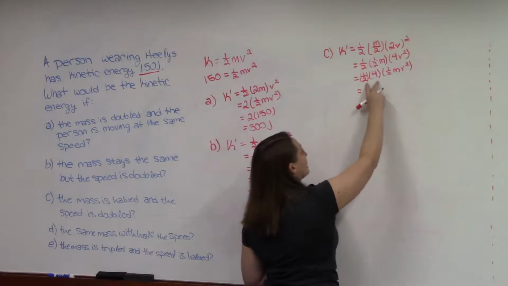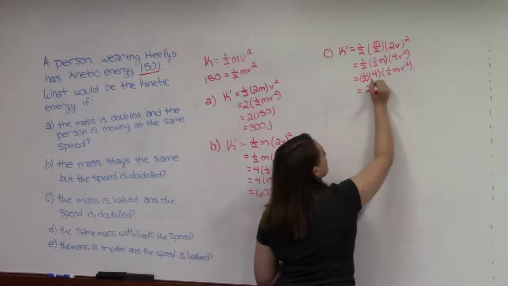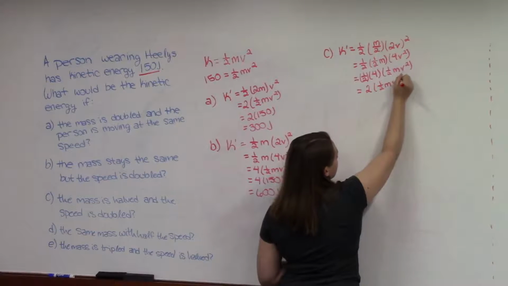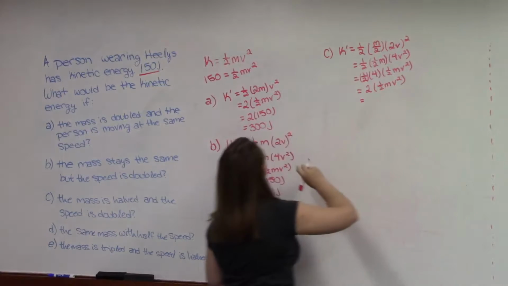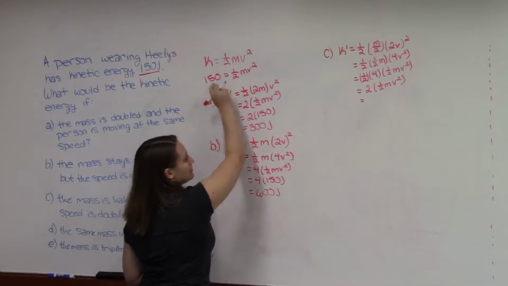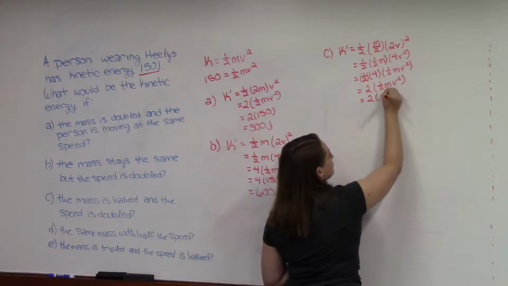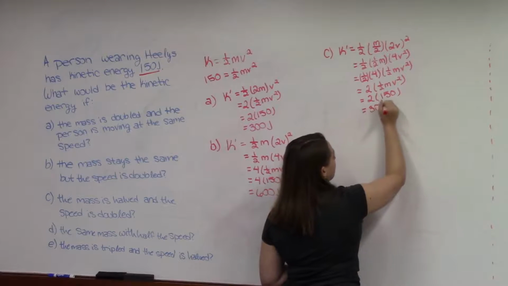Now we can combine that 1/2 and that 4 to make it 2, and we still have our 1/2 mv squared. Remember, our 1/2 mv squared is still 150, so 2 times 150 gives us 300 joules again.